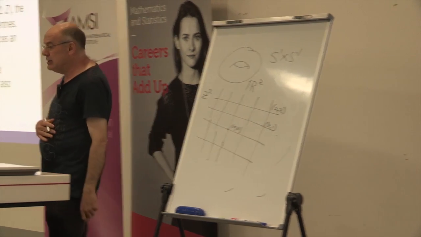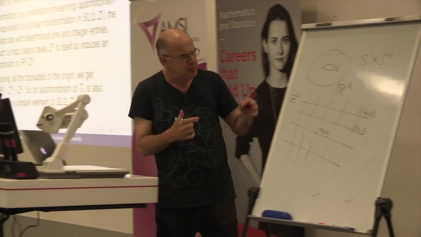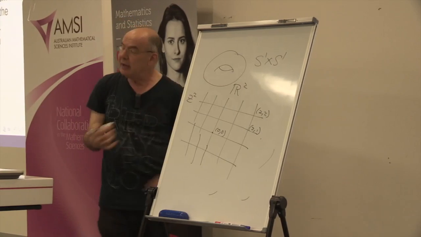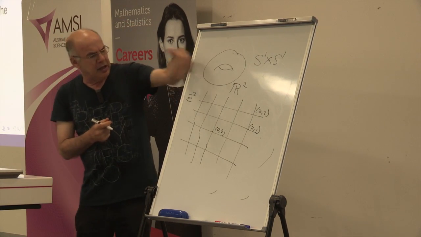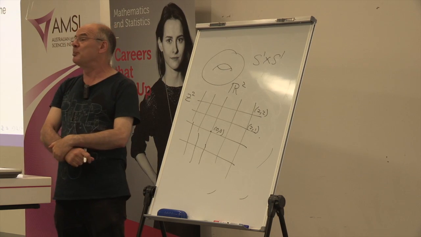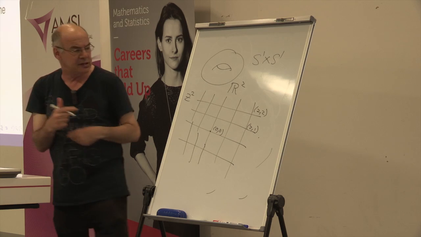So these are all the integer pairs, and we can think of the orbit space because we can translate. Of course R2 has an additive structure, so we can think of Z2 as a subgroup of R2, and we can take the orbit space or the cosets.